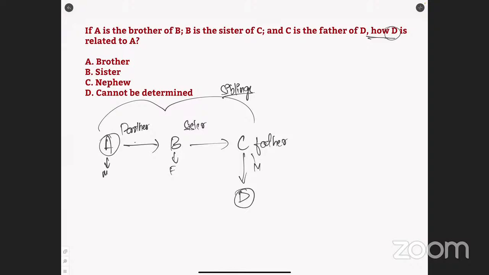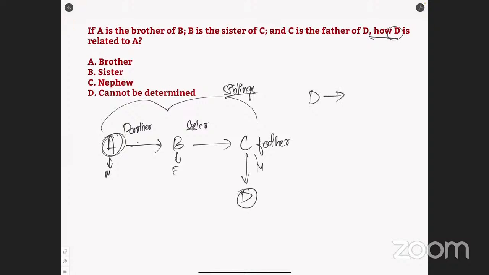So A is obviously the uncle of D, but the problem here is they say how D is related to A. They have not asked how A is related to D. So we will have to determine the relationship from the point of view of D. From D's point of view, we have to identify the relationship. In this case, the problem here is we can, okay, how is D related to A? Sorry, we will have to identify the relationship from the point of view of A.